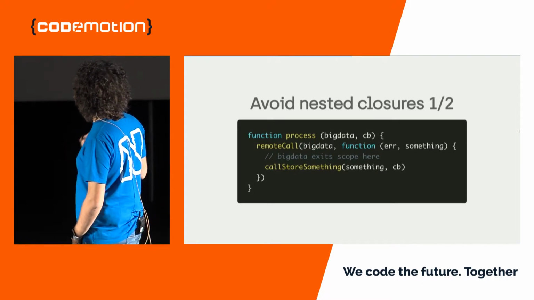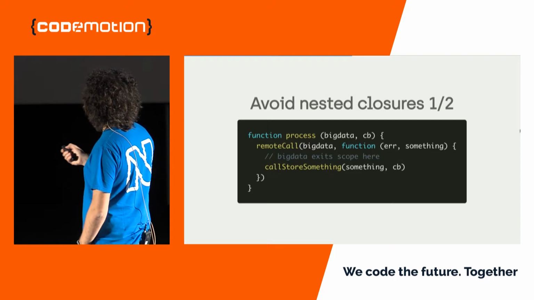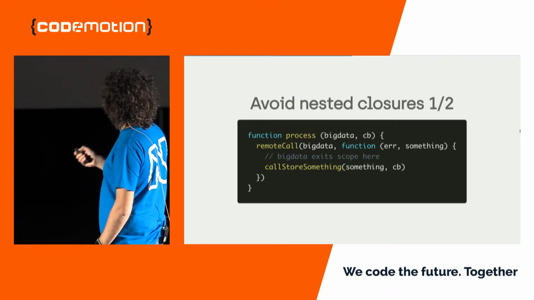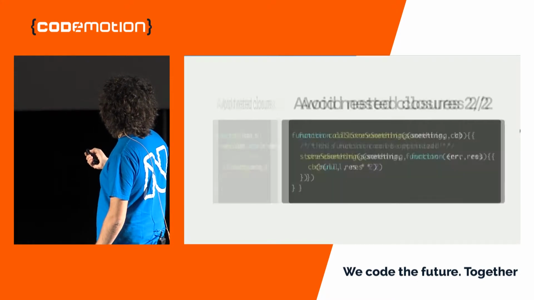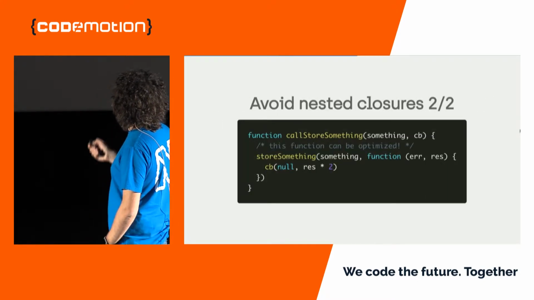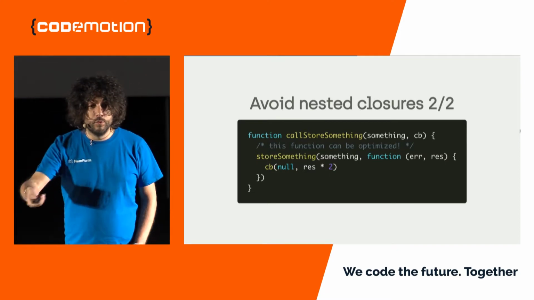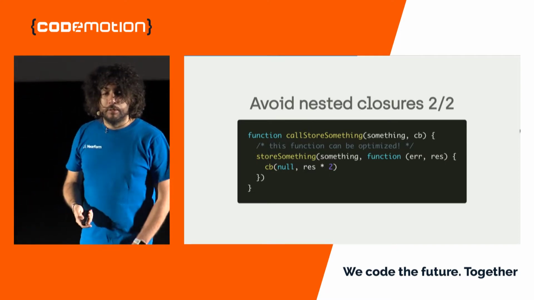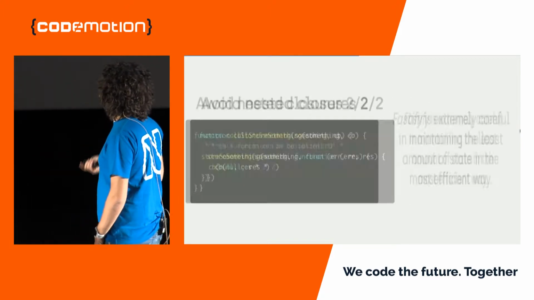So how do you do it? Well, you do it in this way. You call big data, and then it exists in this scope, but you call something else, you call the other function. But now, here it is not used anymore. So I've removed one step, but I can do it even better. You can null the variable.